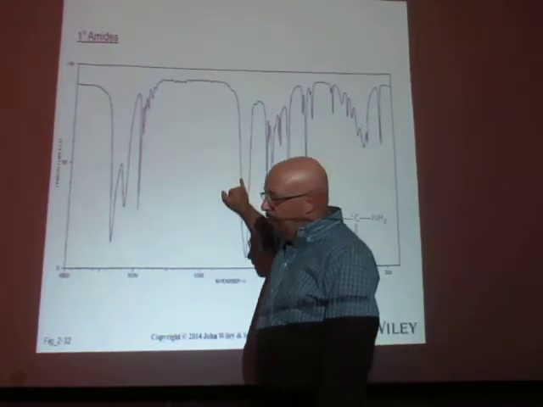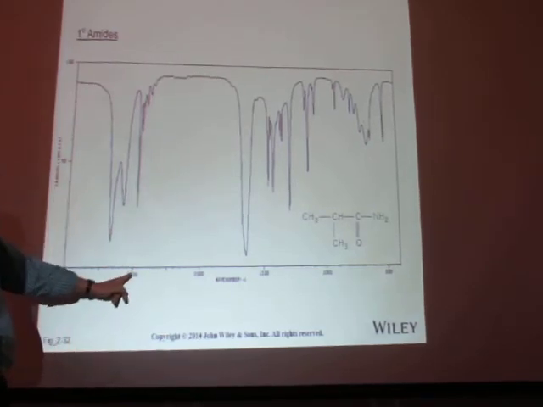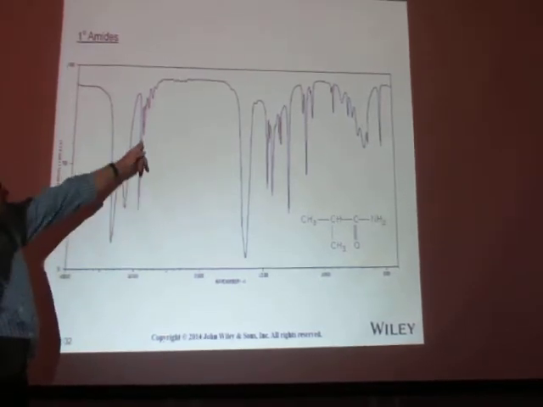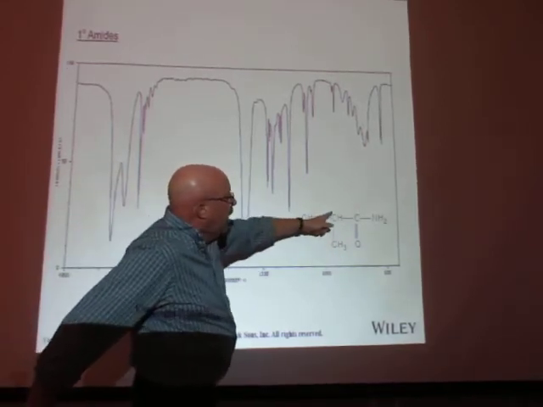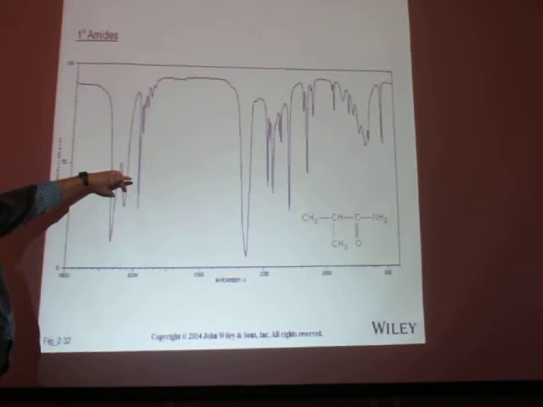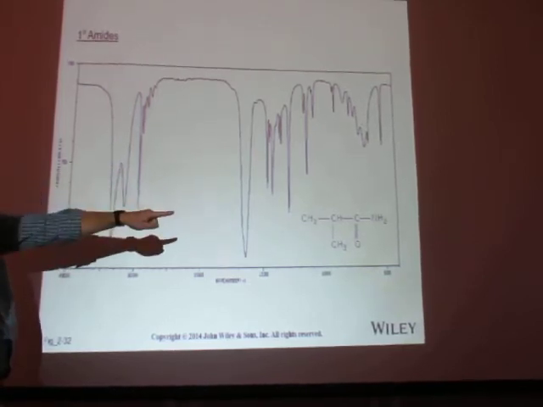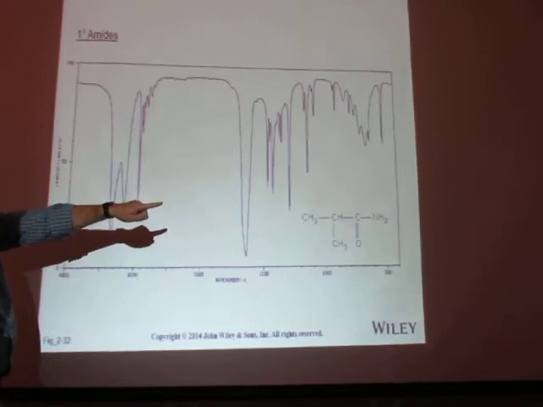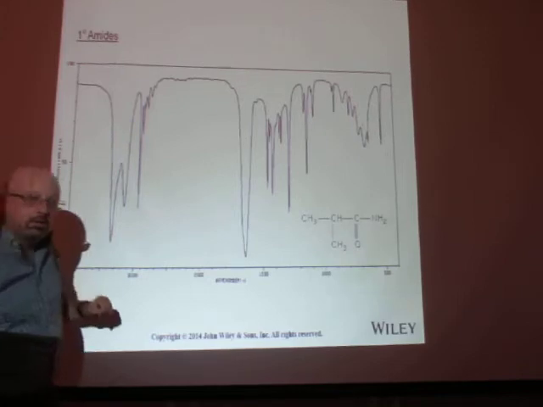That's our C double bond O. At 3000, I forgot to mention that, we got some peaks right below 3000. That's sp3 CH stretching. That's from the alkane portion there. But up here, we have the NH stretching. And we get to see two of them because it's a primary amide. You have two hydrogens on the nitrogen. You get to see both of those NH stretches there.